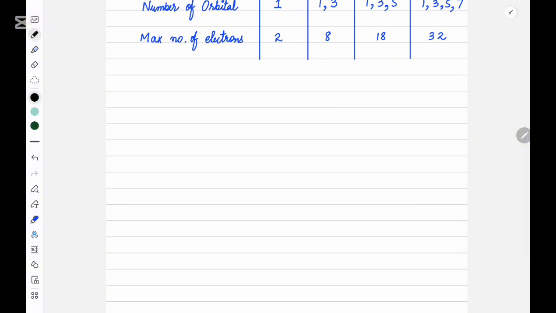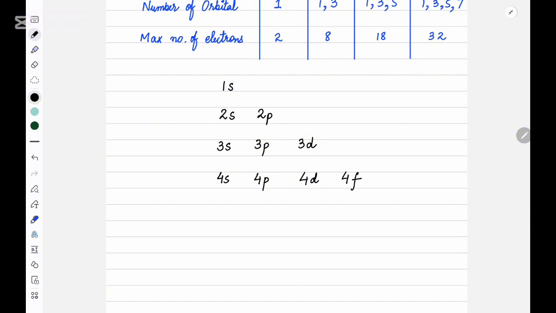Now moving to the Aufbau principle: this is 1s, then we have 2s, 2p, then 3s, 3p, and 3d, then we have 4s, 4p, 4d, and 4f.